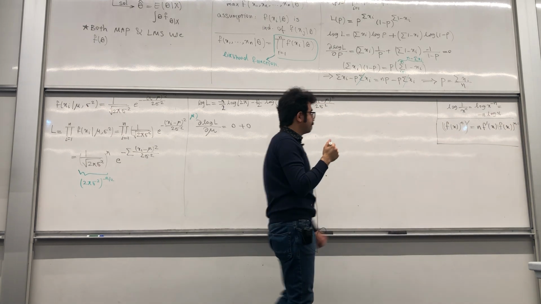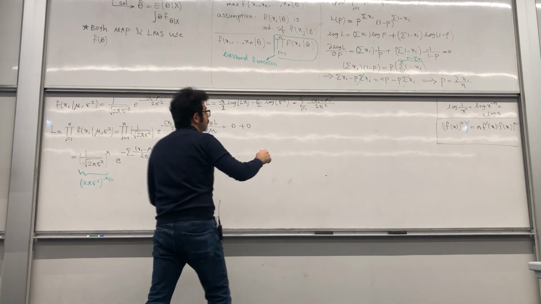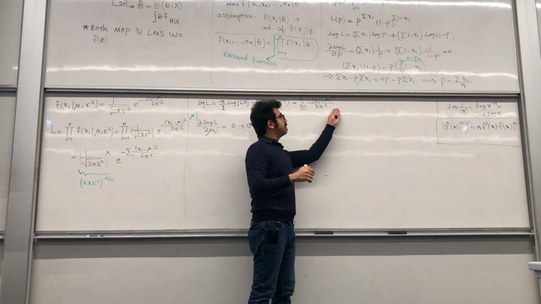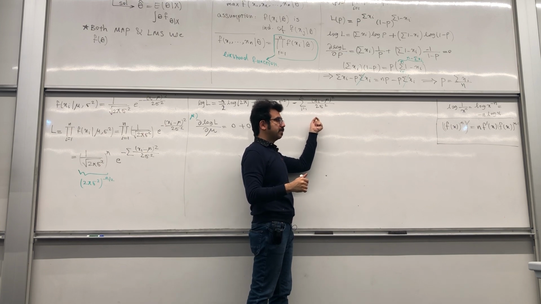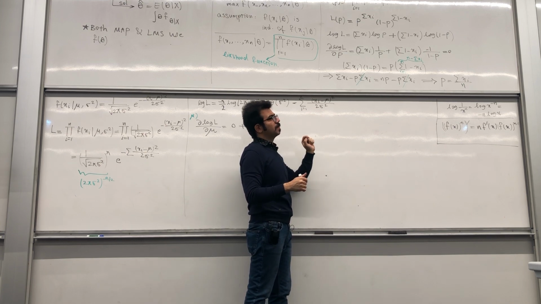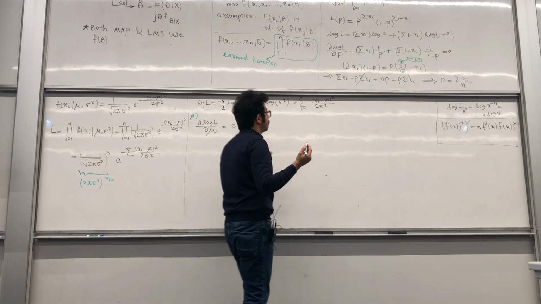From calculus 1. Okay, now here I have a summation of some terms. I can find the derivative of each of them separately and then put the summation because I know derivative is additive.